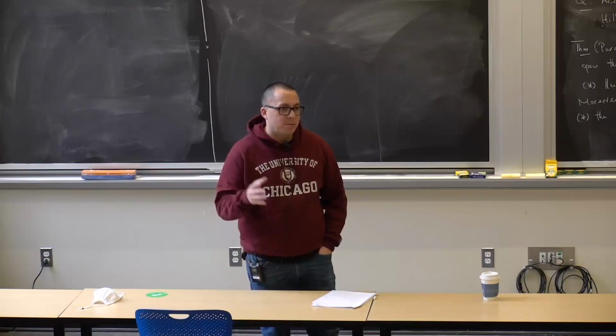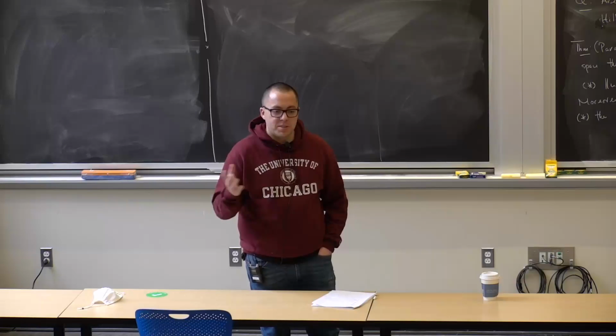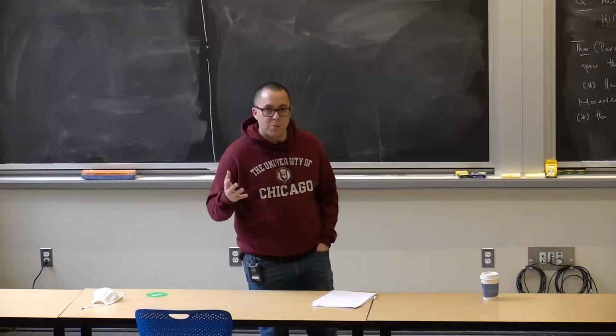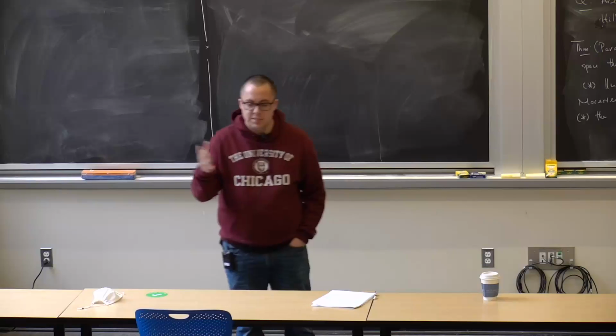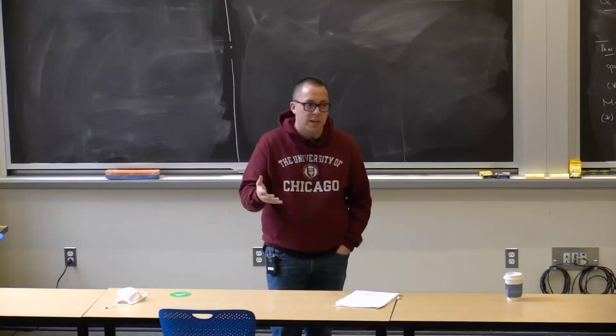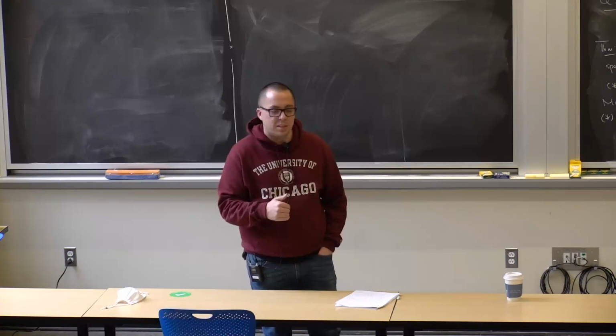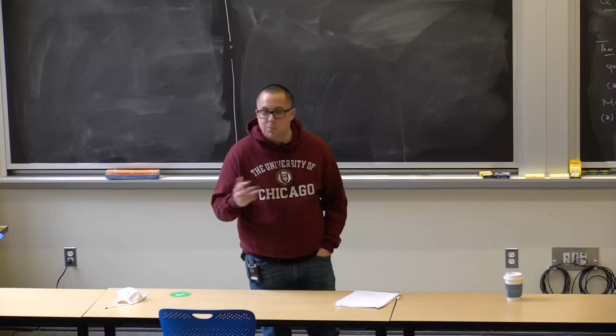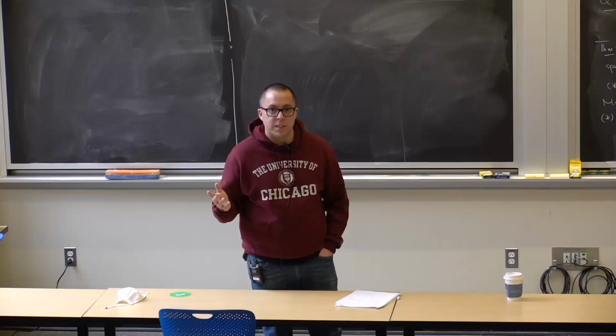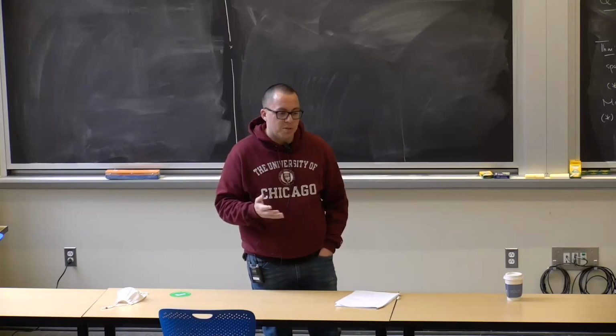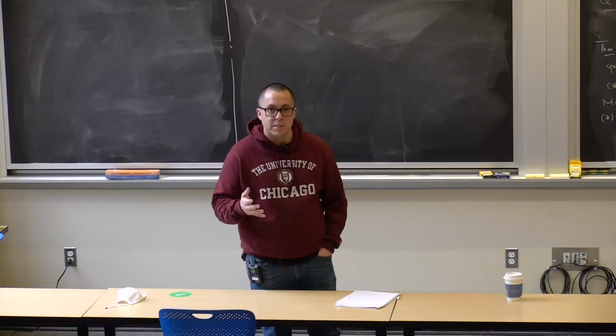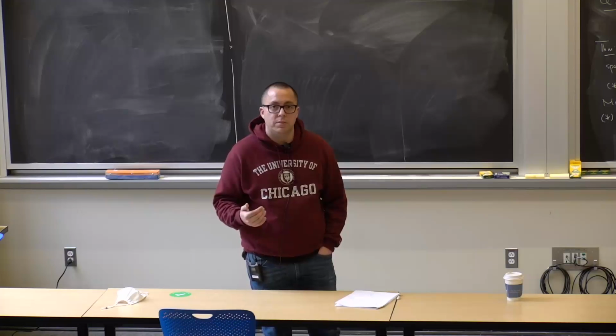Now, how do you go from the set of polynomials, which is uncountable, to a countable subset which is dense in LP? Make everything rational. Okay? The set of polynomials with rational coefficients is in fact countable.